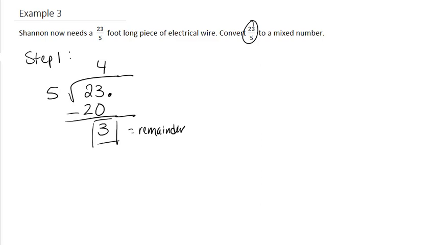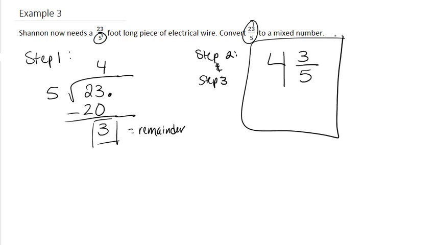And so what we do then for step 2 is we're going to take our remainder and step 3 put it over our same denominator of 5. And then we know we have our whole number of 4. So this answer then is 4 3/5.